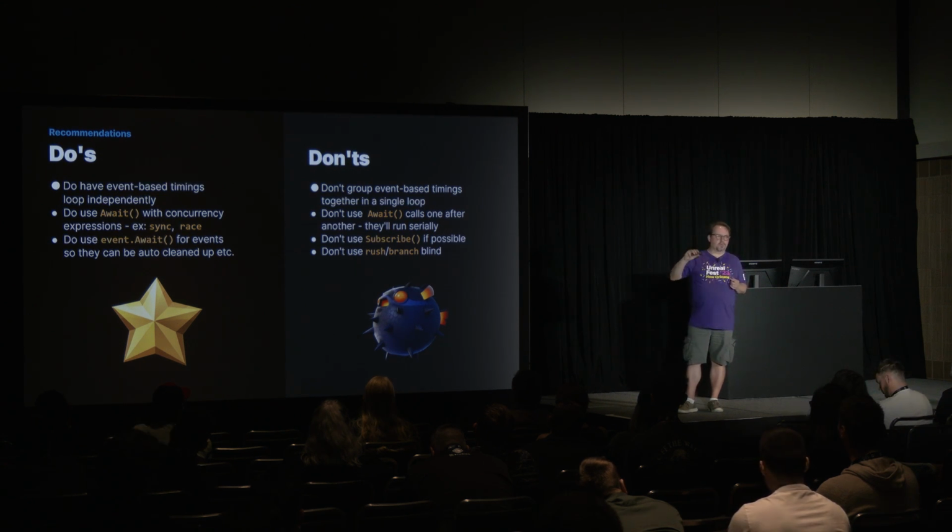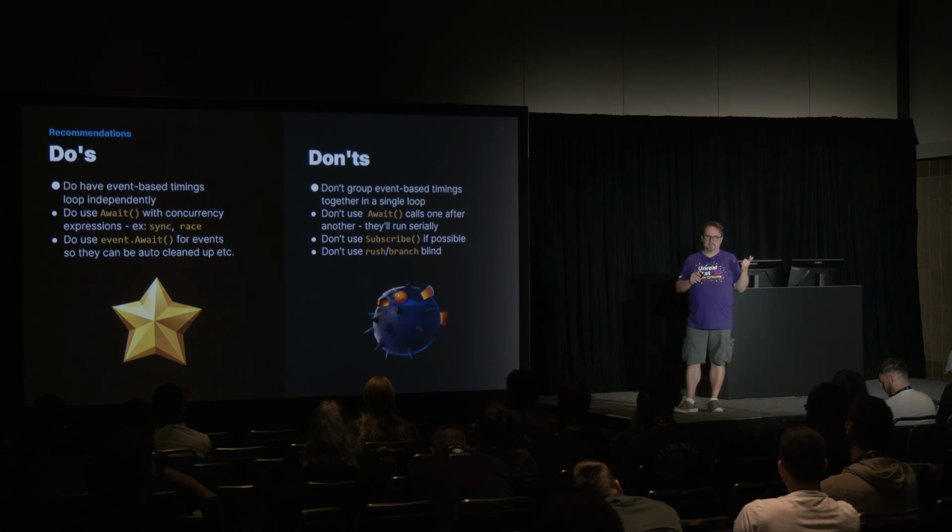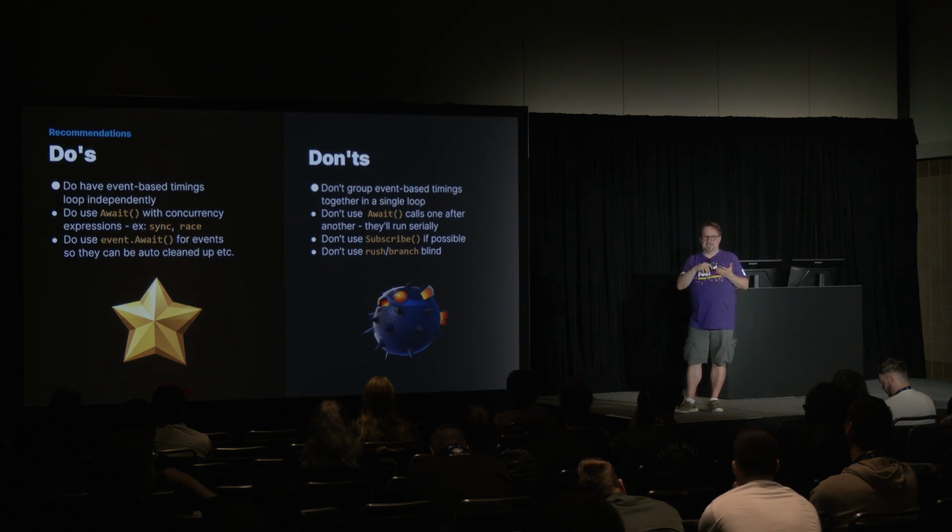If you put them in order, it's serial. So if you say, I await the button, I await the trigger region, I await getting near some other character, those are three things that could trigger the same thing. If people just put them one after the other, then you're just waiting for the button, and the other things aren't even being looked at. Then when you push the button, it looks at the next two things.